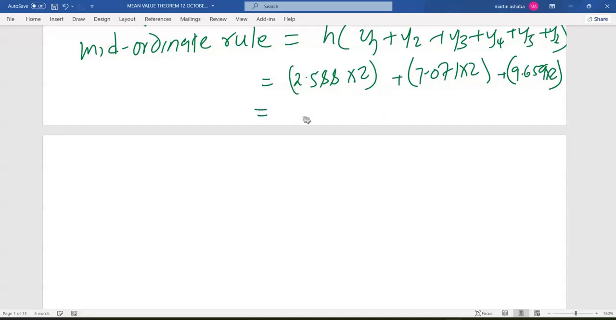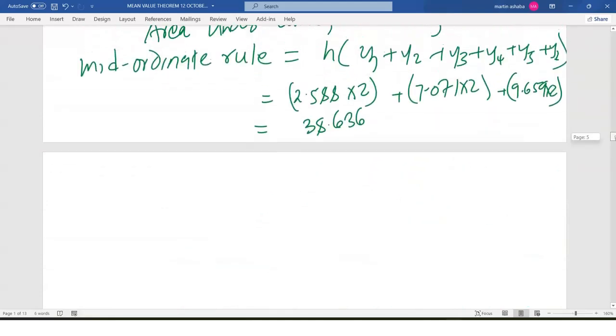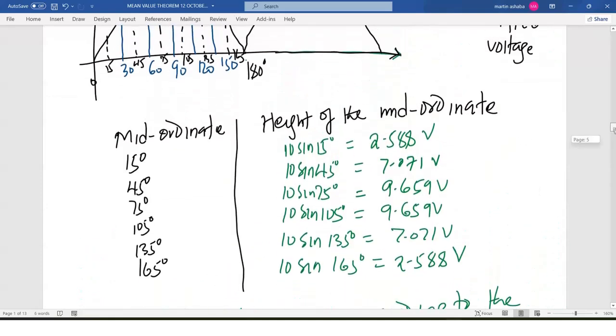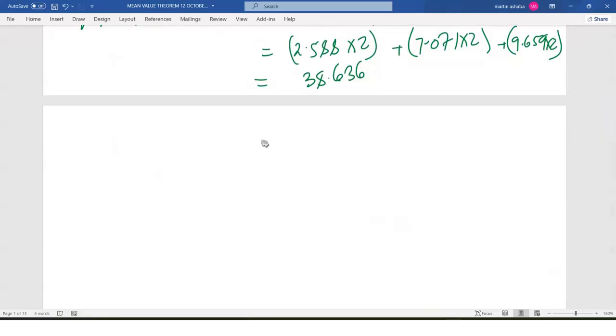When I evaluate that, I get 38.63. So this gives us the sum of the mid-ordinates.